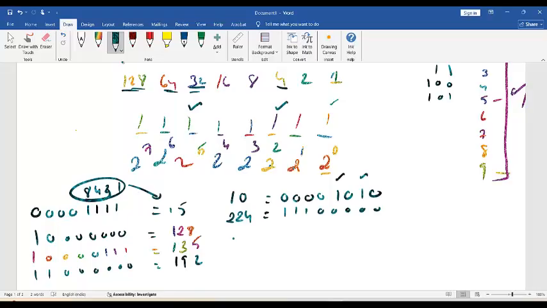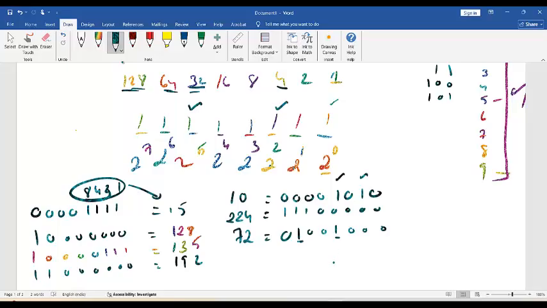Okay. That's a good job. 72. 0, 1, 0, 0, 1, 0, 0, 0, which means 64 plus 8.